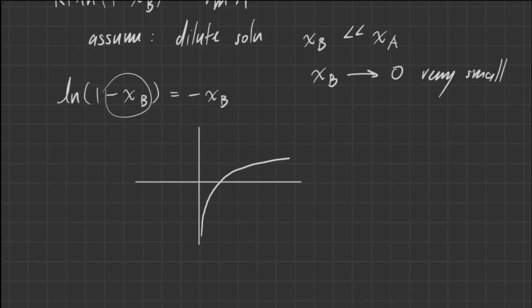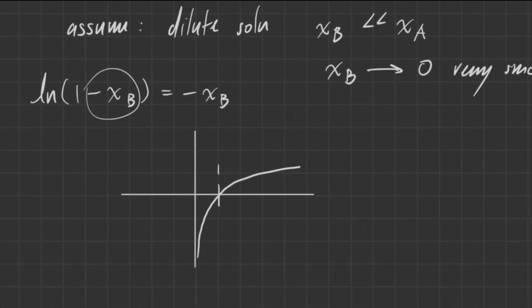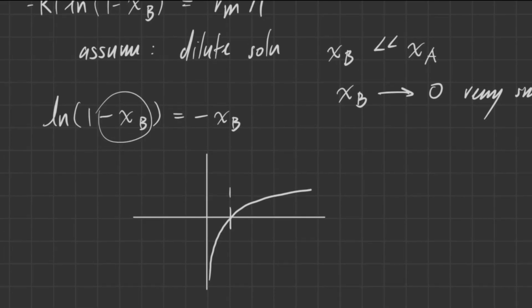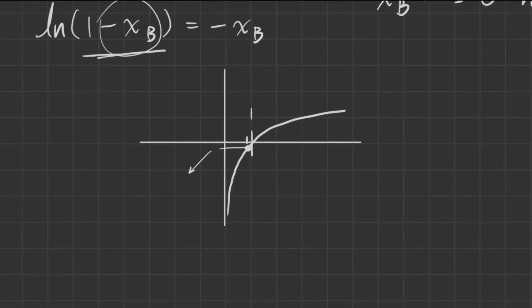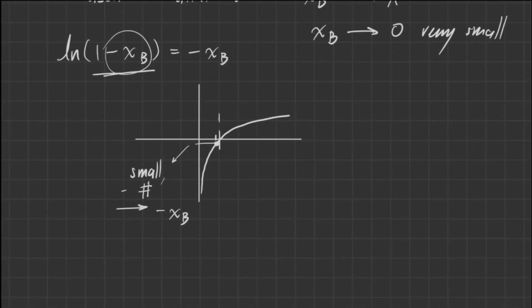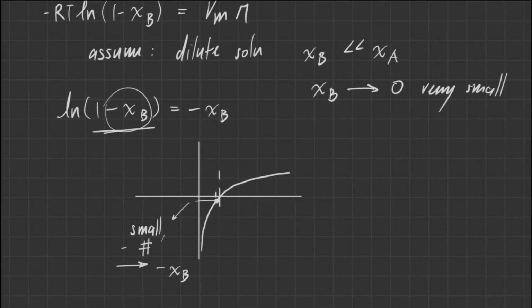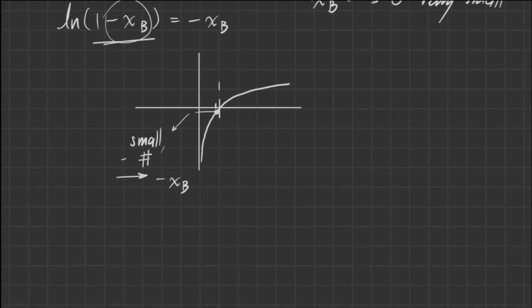Here's 1. Say that this value is very close to 1, so right here you're going to get a really small negative number. And that small negative number approximates to this negative xB, or whatever you subtracted your 1 from. So that's sort of the intuition there.